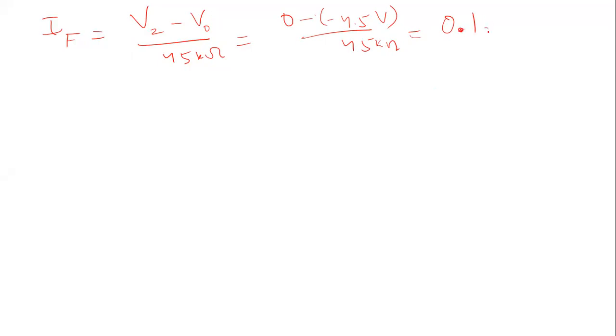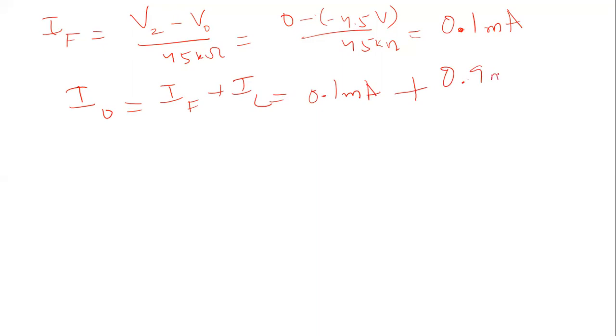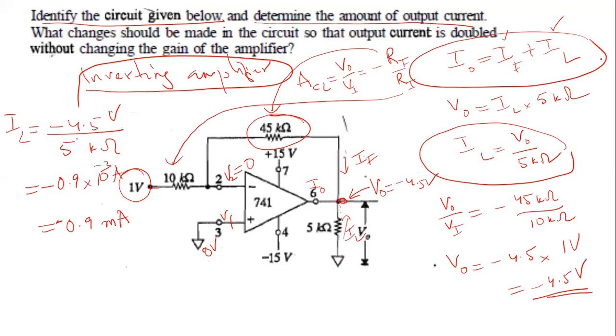So 0.1 milliampere. Now your output current in this case will be IF plus IL, so 0.1 milliampere plus 0.9 milliampere. This will give you 1 milliampere. Your I naught, the amount of output current, will be 1 milliampere.